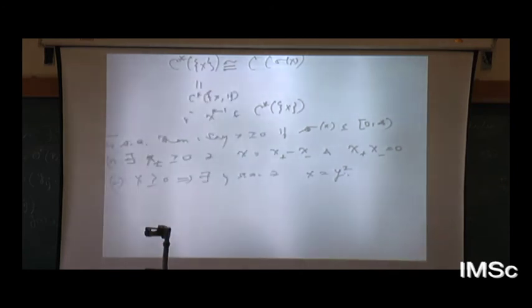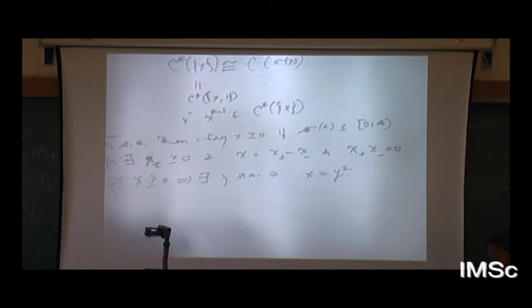As far as the functional calculus, I identify this C star algebra with the algebra of continuous functions. To say that I have a positive function means, so what is the spectrum of an element of C of sigma? The spectrum of a continuous function as an element of C of sigma is just the range of that function F on sigma.